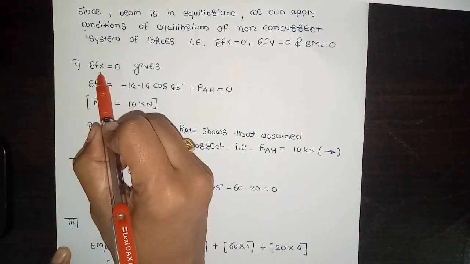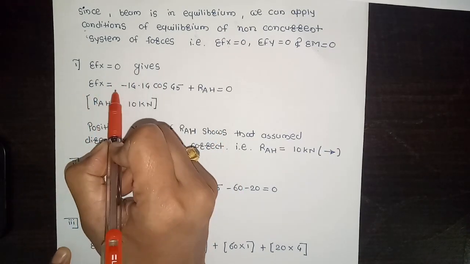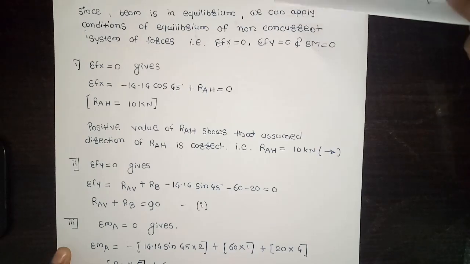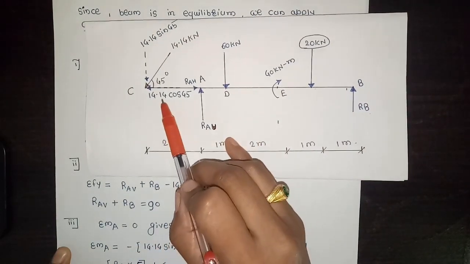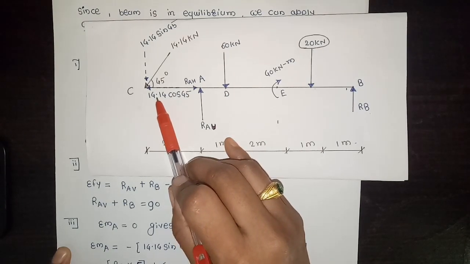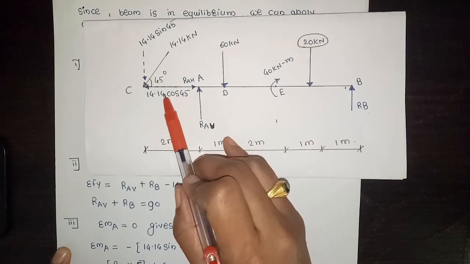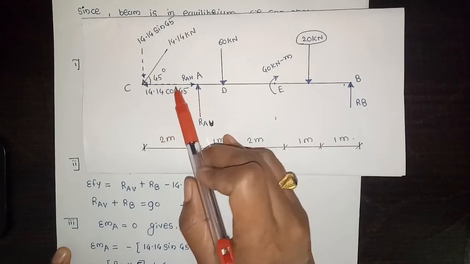So first is summation Fx is equal to 0. See this free body diagram, there are only two horizontal forces in this diagram, 14.14 cos 45 and RAH.